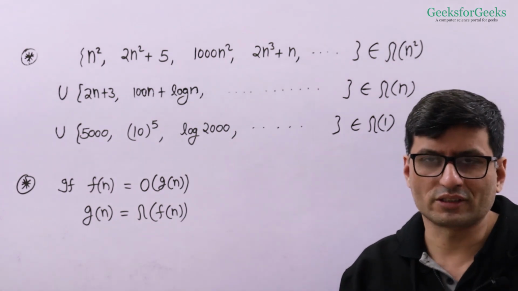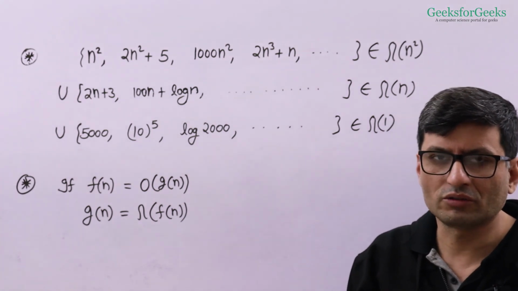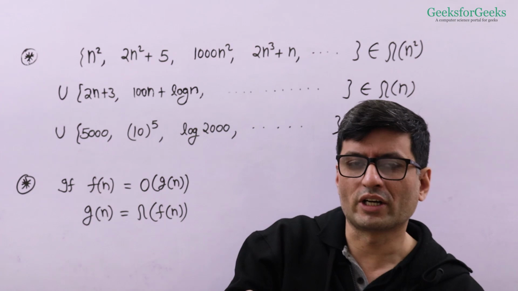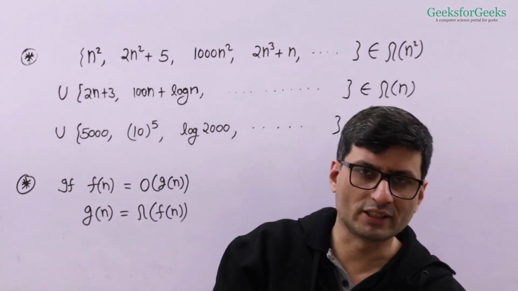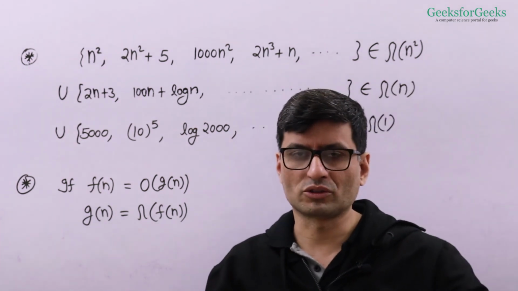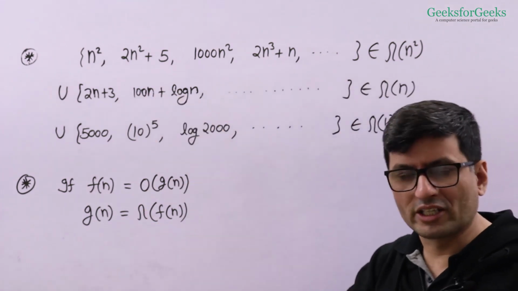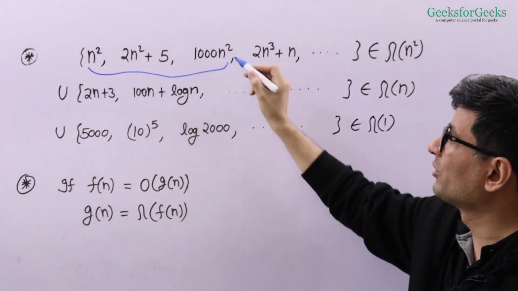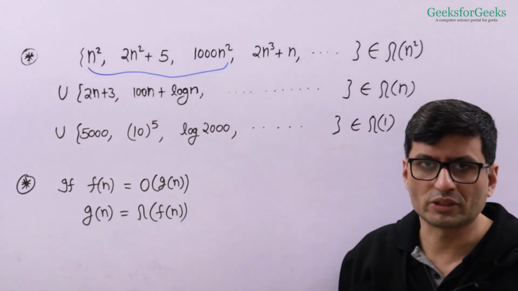Big O covers smaller order of growth also, right? Big O of n square means you have n square order of growth, or you have terms which are smaller than n square order of growth also. And omega covers greater order of growth also, right? But exact is there in all three, right? So we can write all these three terms as big omega of n square.